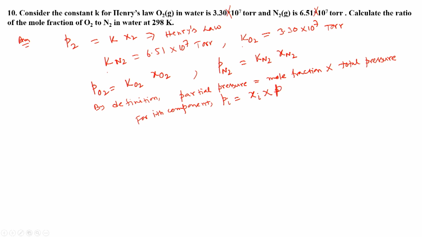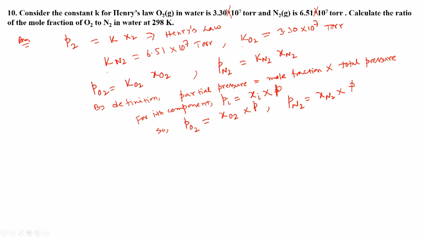That we know. So the partial pressure of oxygen, PO2, is XO2 times P, and the partial pressure of nitrogen, PN2, is XN2 times P.